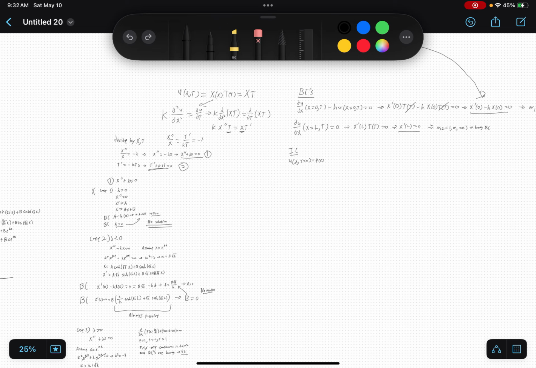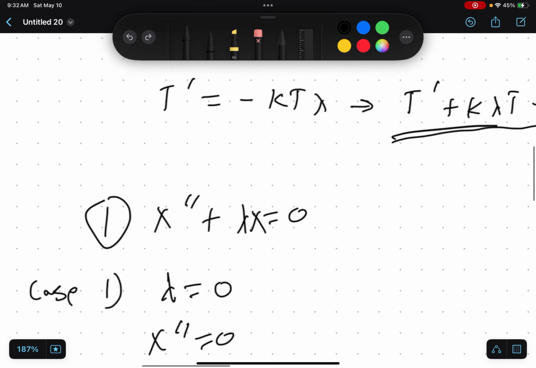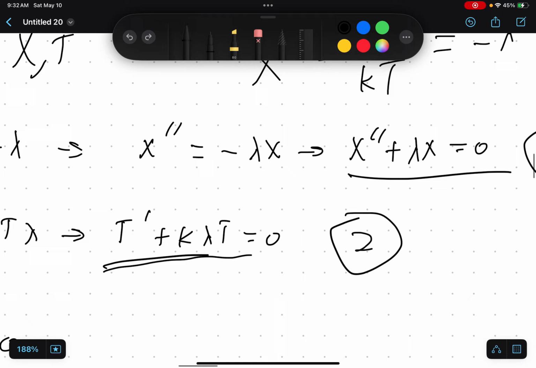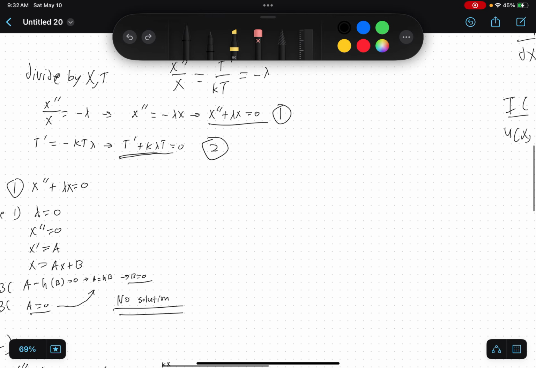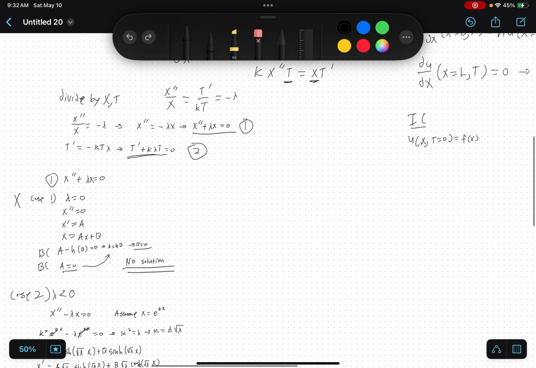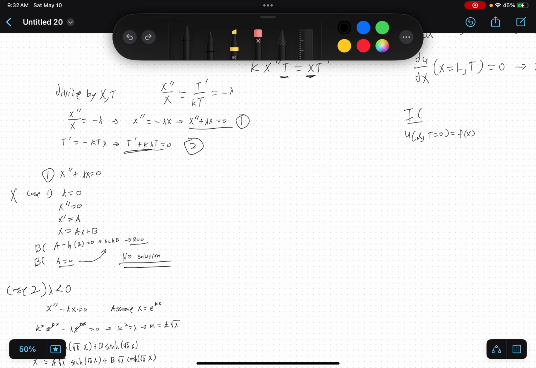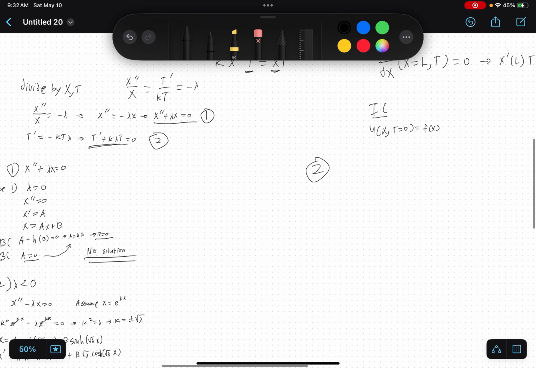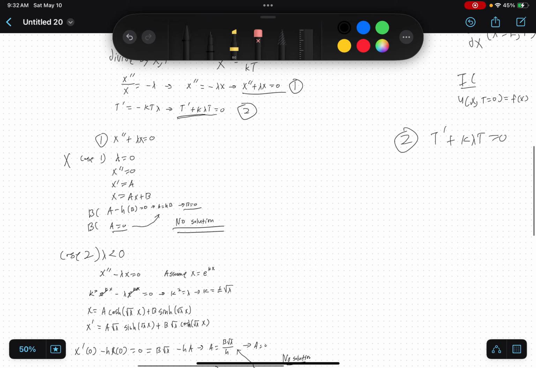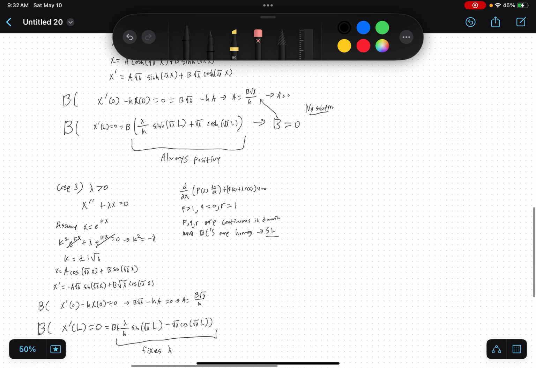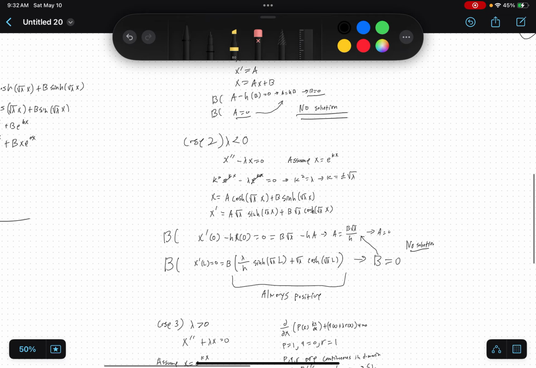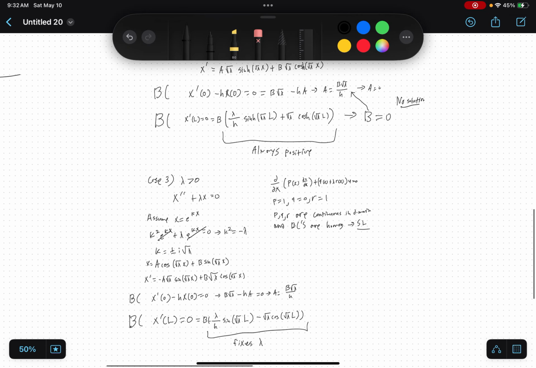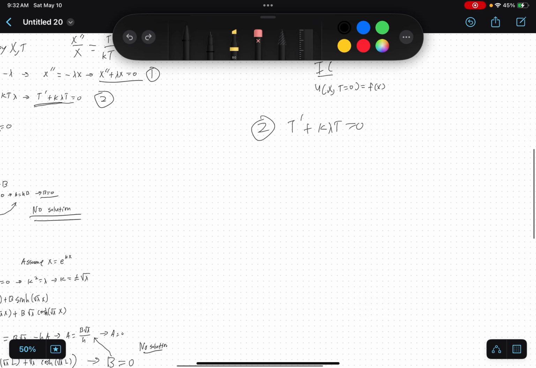So what is next? This was all for equation 1. We also had equation 2. So let's go through equation 2 now, and it's not going to be as long. All right, so we don't have to go through all 3 cases because we know that case 3 worked. So we know that lambda has to be greater than 0.